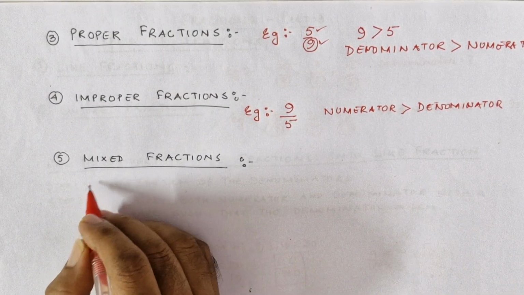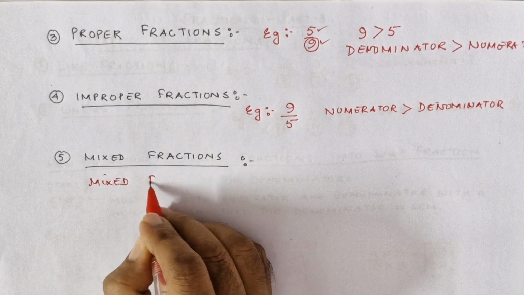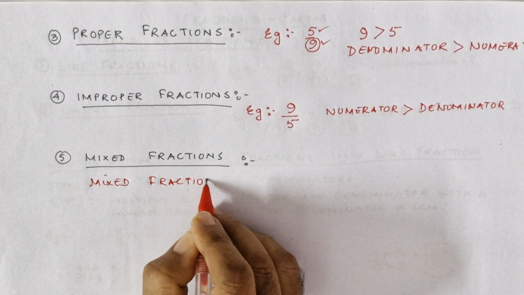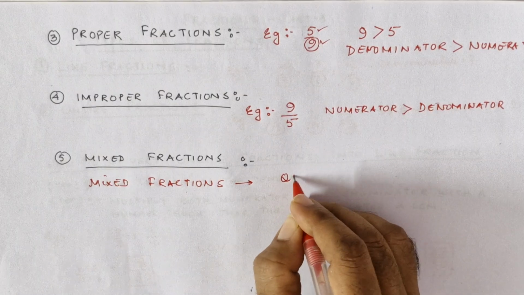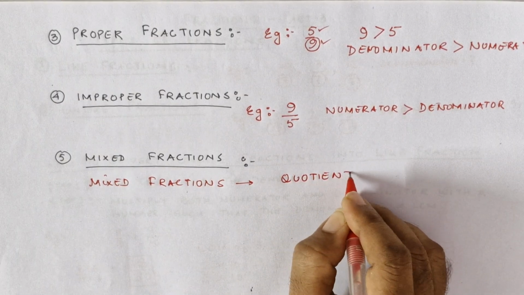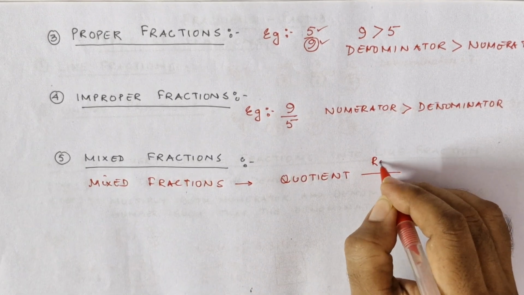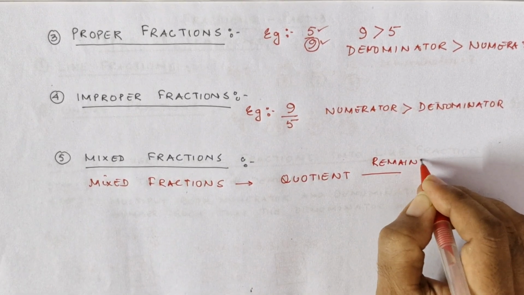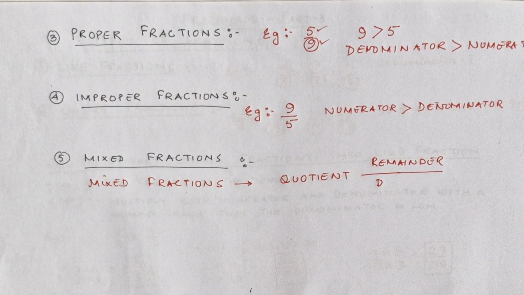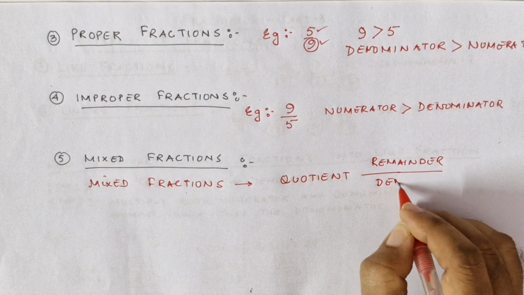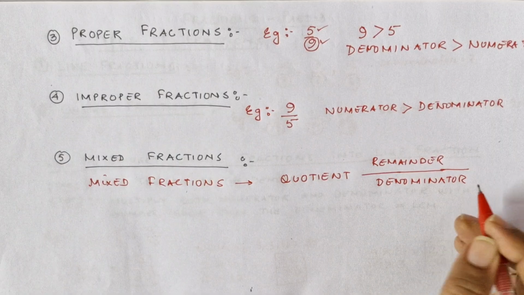So I'll write it down. See, mixed fractions, what I said, can be represented as quotient, this is the whole, and the proper fraction, remainder divided by the denominator or the divisor, whatever.